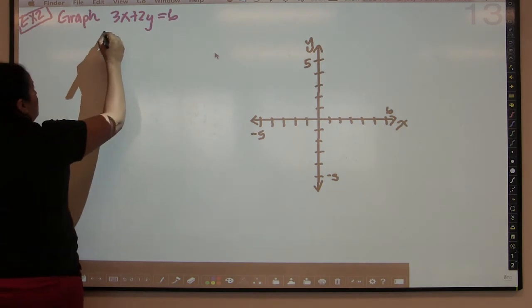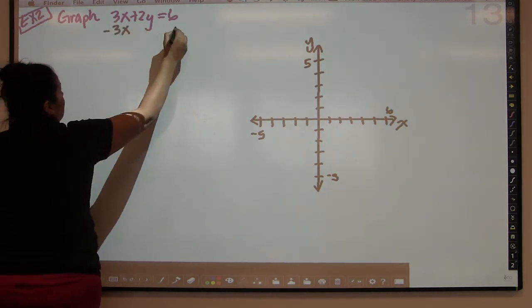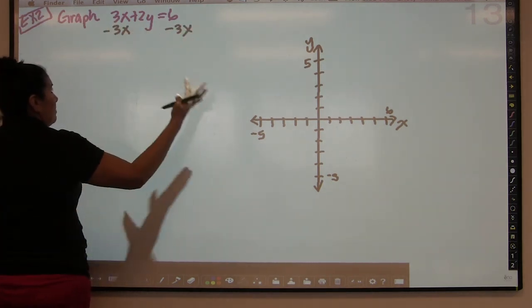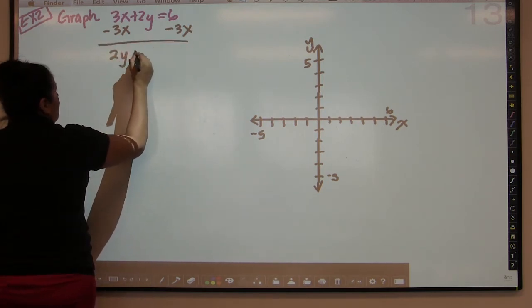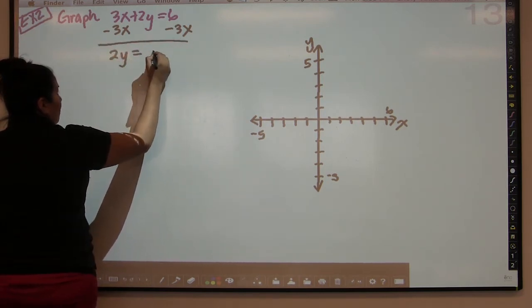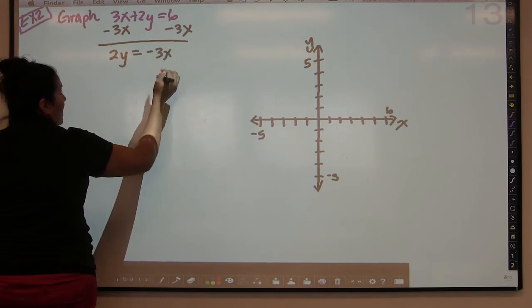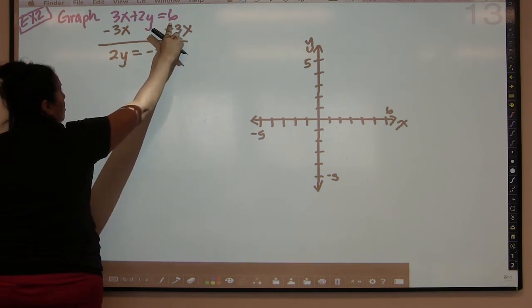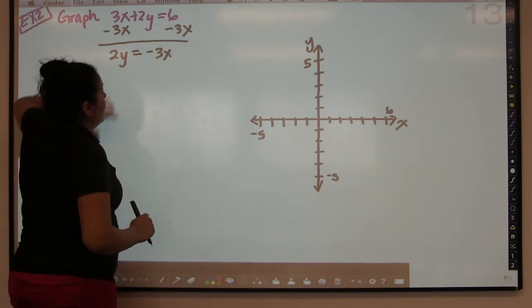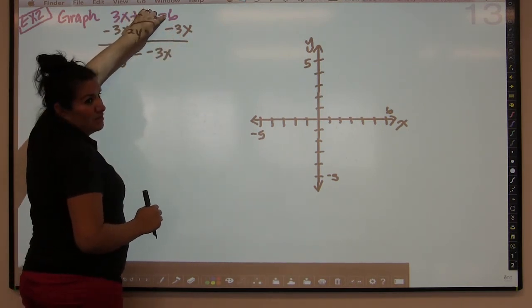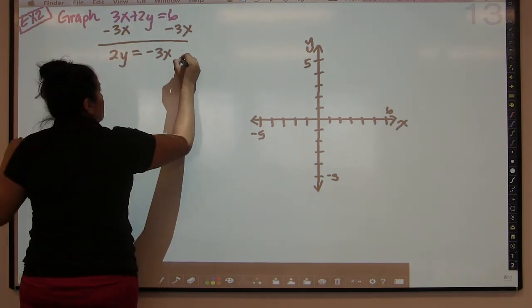Okay, so I'm going to subtract the 3x from both sides, and because it's mx plus b, not b plus mx, we want to make sure that we put the term with the x in it first. So this is -3x, and because there's no plus or negative in front of the 6, Danny, who always gets confused with that kind of stuff, right here, this is a +6. There's no negative in front of it. So that means it's a +6 here.